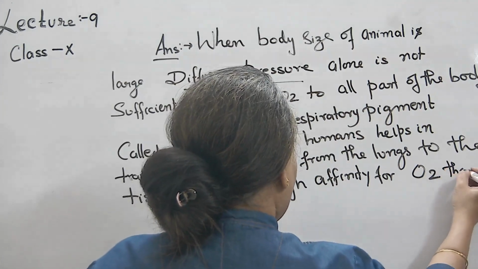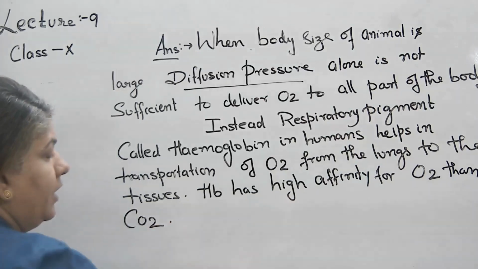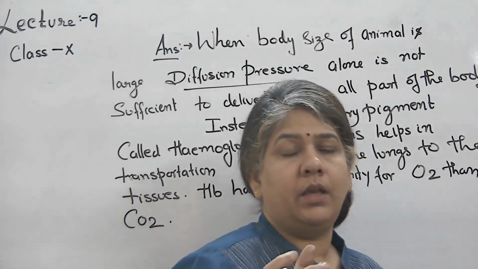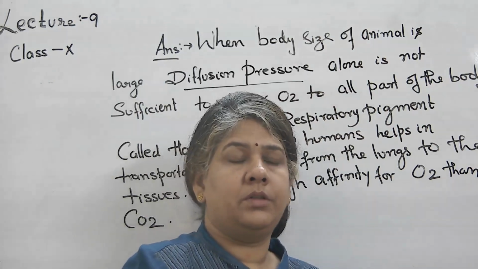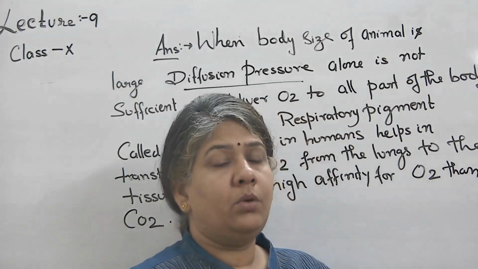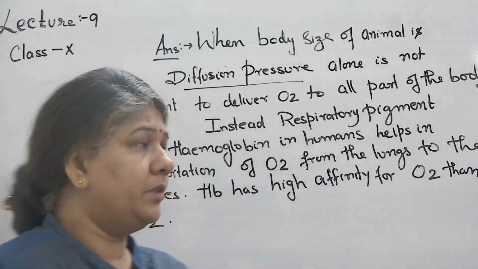Then carbon dioxide. Affinity means more liking. So if there is an option between oxygen and carbon dioxide, hemoglobin will obviously combine with oxygen.